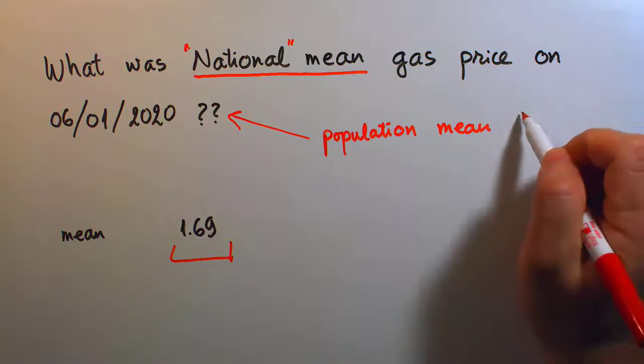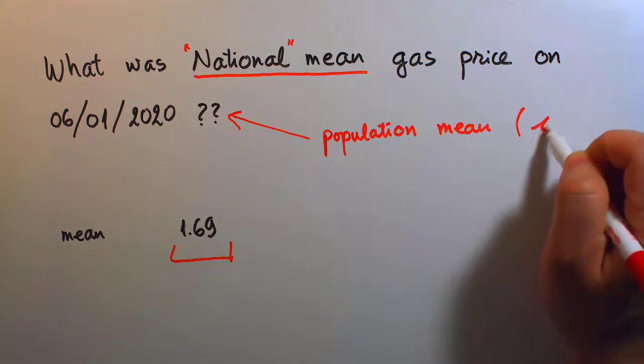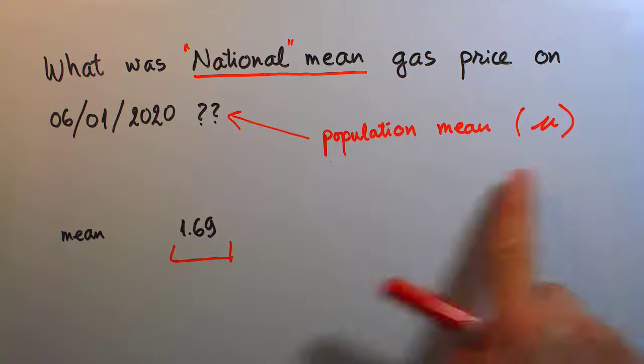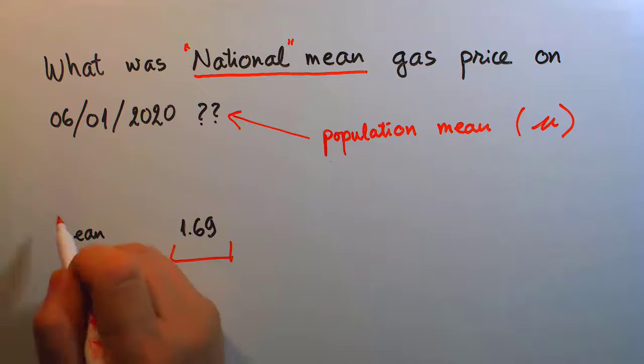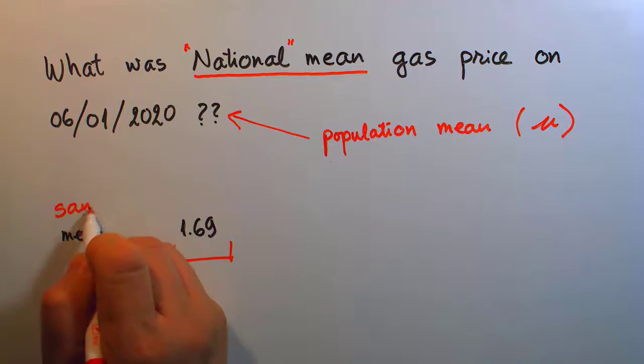And the symbol for that is the mu symbol. So that's the intended answer for this question. However, this mean I found here, as I said earlier, only came out from 36 prices individually. And so this mean only deserves its place to be regarded as a sample mean.